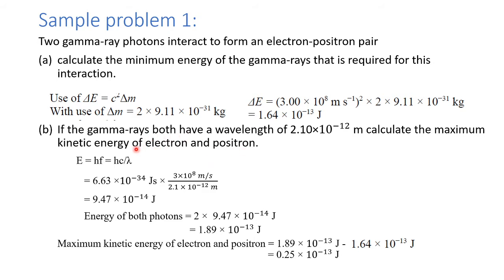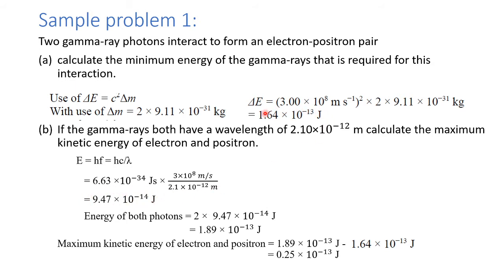Here we can get the energy of one photon by using E = hc/λ, where h is the Planck constant 6.63 × 10^-34 and c is the speed of light, divided by the wavelength. So we get the photon energy of one photon.